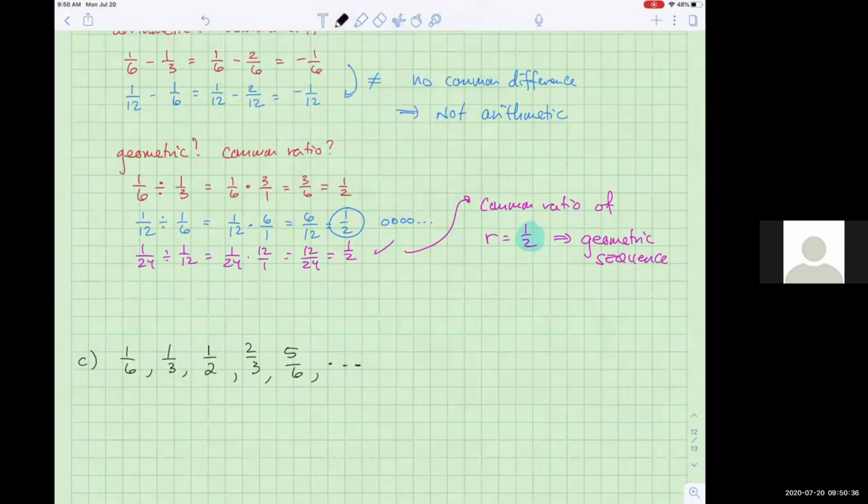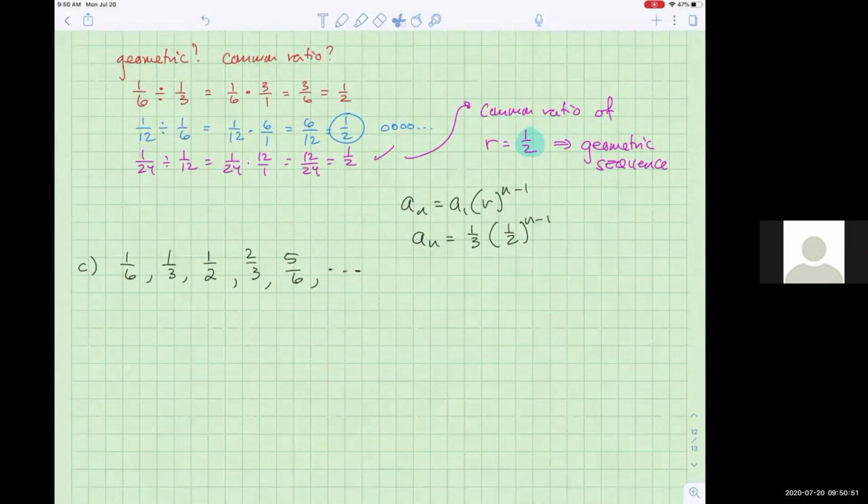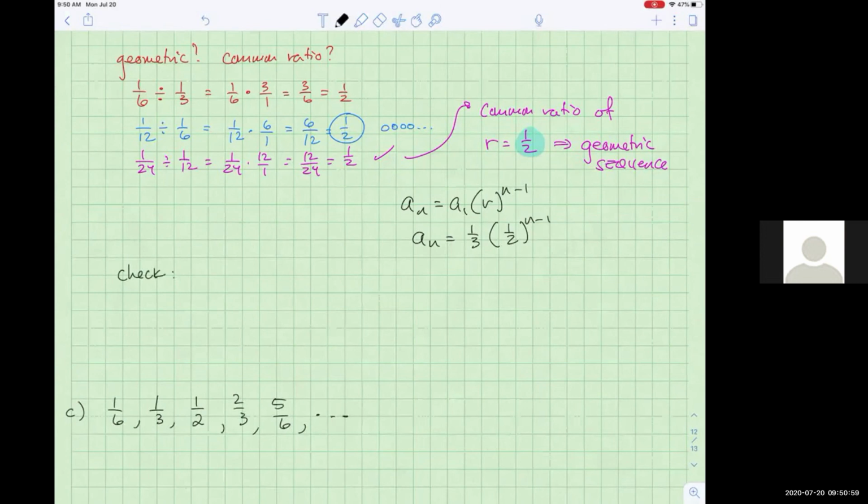And our nth term is a1 times r to the n minus 1, or here a sub n is 1/3 times 1/2 to the n minus 1 power. And we can double check that just to spot check it here. A1 is 1/3 times 1/2 to the 1 minus 1, which is 1/3 times 1/2 to the 0, which is 1/3 times 1, which is 1/3.